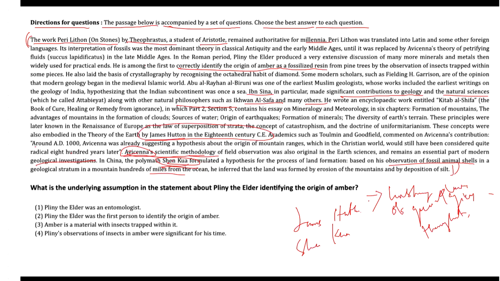And then Shen Kua in China formulated a hypothesis on land formation based on fossil observation.